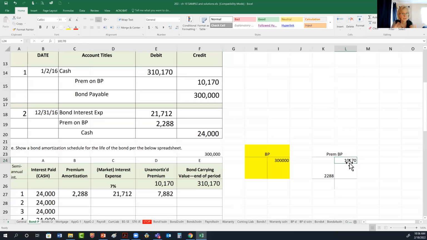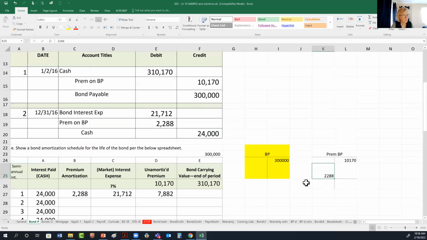It's under the liability account, okay? But we're going to write it down over the life of the bond, and it has the effect of lowering our interest rate, which it does, right? We went from 8% to 7%, and that's why we're adjusting it to the effective interest rate, the market rate of 7%.